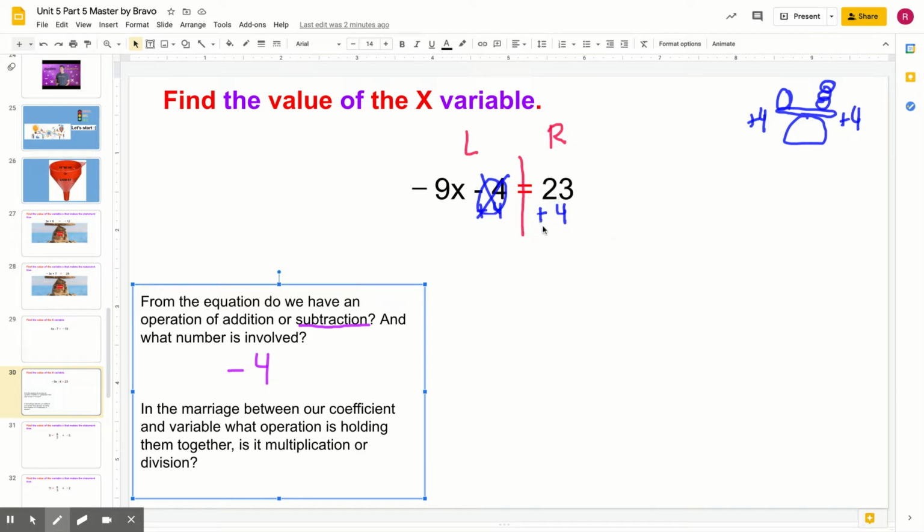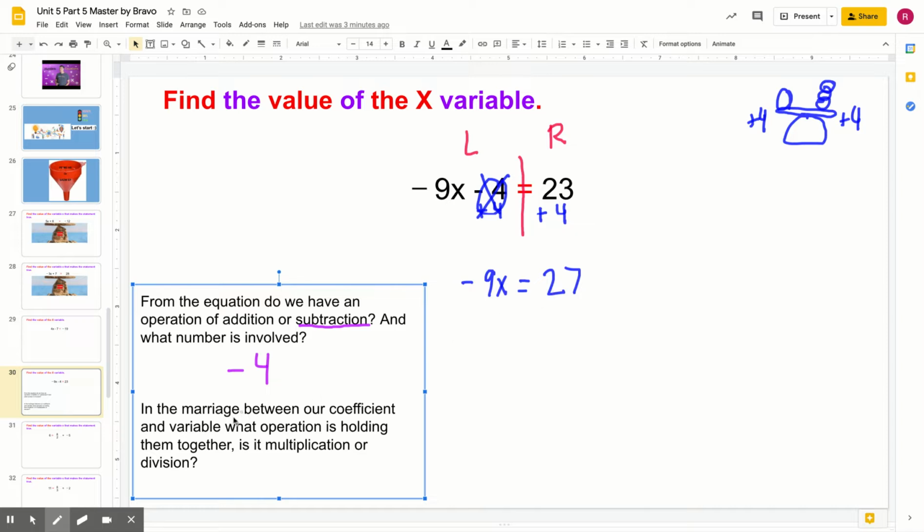On the right side, you have plus 4. On the left side, you're just left with negative 9x because there's no more 4. The equal sign drops down. On the right side, we had 24 plus 4 now. If you add those up, you get 27.